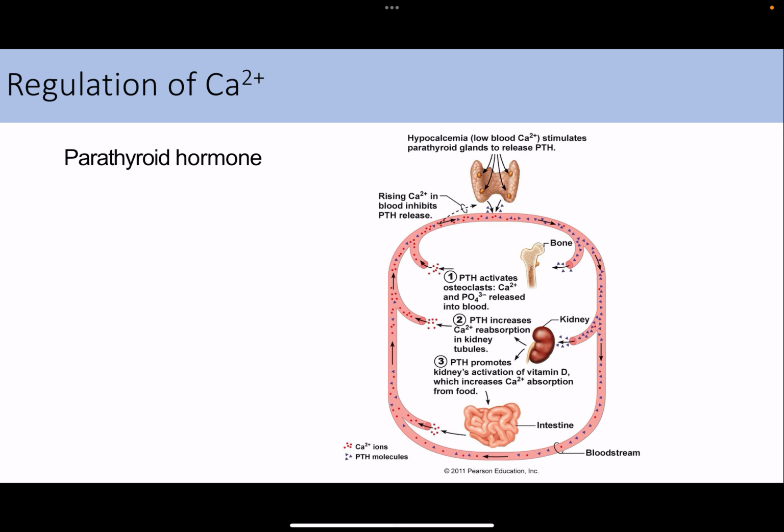Also going to target the kidneys to reabsorb more calcium to also bring it up. And then lastly, it's going to activate vitamin D in order to cause more absorption of calcium at the intestines. So we're going to target the intestines to absorb more calcium, our kidneys to reabsorb more calcium, and then your osteoclast to break down bone to release more calcium into the blood. But that's review. We've talked about that lots of times.